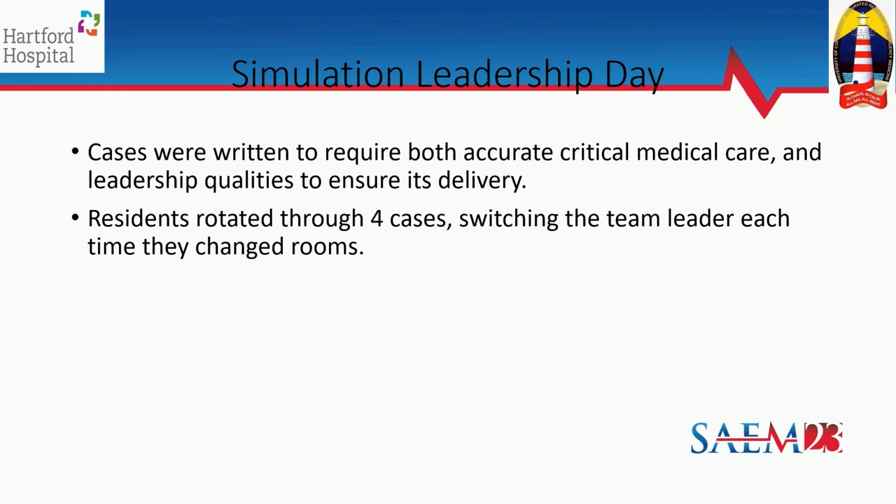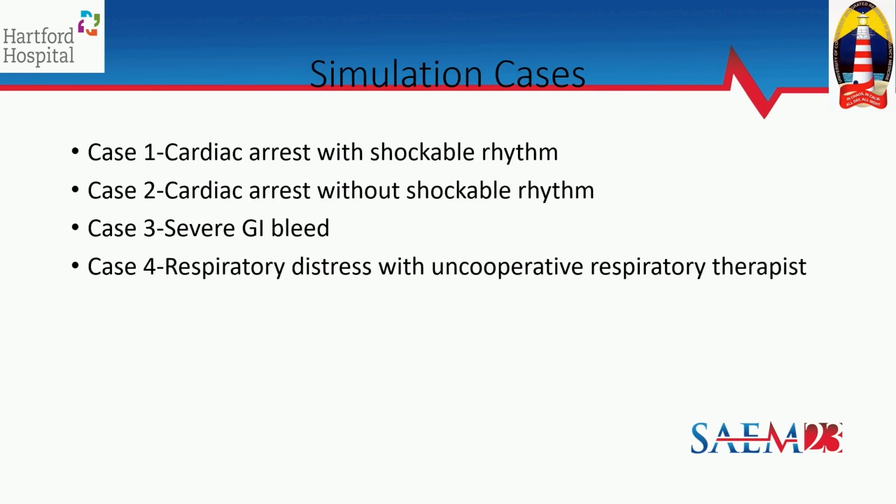As far as the cases that we did, we did 2 cardiac arrests, one with a shockable rhythm, one with a non-shockable rhythm. We did a severe GI bleed, and we also did a respiratory distress, which has an actor in the room who is the respiratory therapist, purposefully uncooperative and requiring constant redirection.